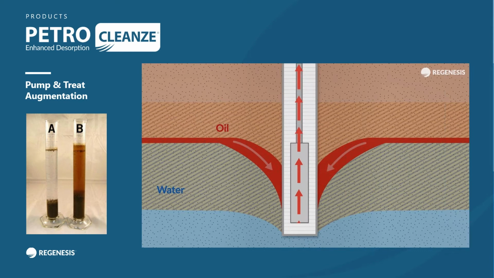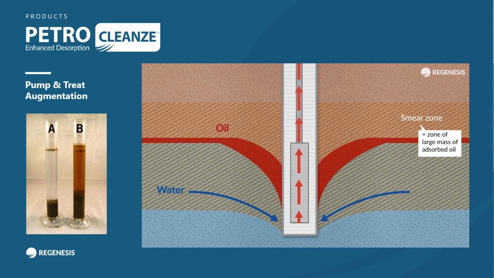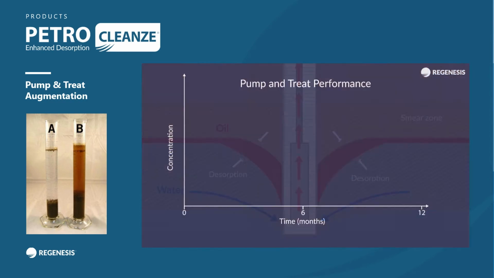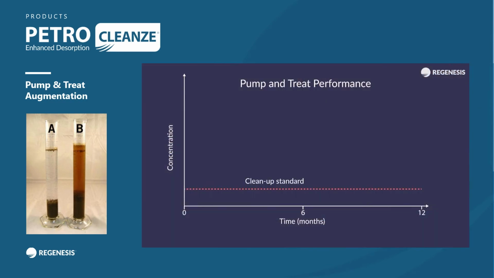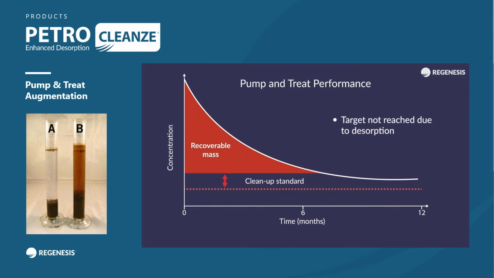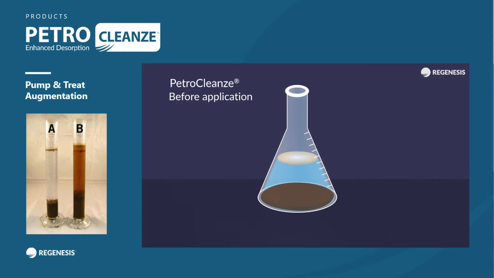The first thing that you do, if you have measurable free phase, the most efficient and appropriate thing for you to do is to pump it off. At this point we can't really help you. But as that pumping regime goes on, you get progressive desorption, and that desorption can lead to asymptotic recovery of contamination. Something I will say is that to use Petrofix, you need a total fluids recovery system. Skimming alone won't help. It won't be compatible.